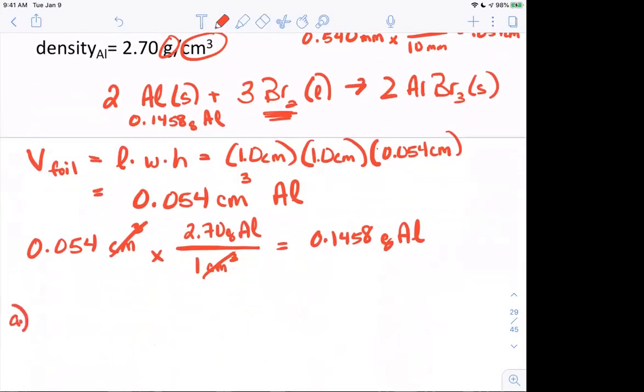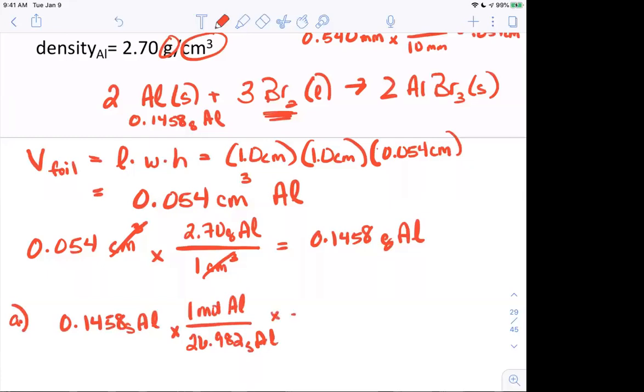So for A, I have 0.1458 grams of aluminum. I'm going to convert that to moles with the molar mass of aluminum. For every 1 mole of aluminum, I have 26.982 grams of aluminum off the periodic table. I'm going to use the mole ratios between aluminum and bromine.